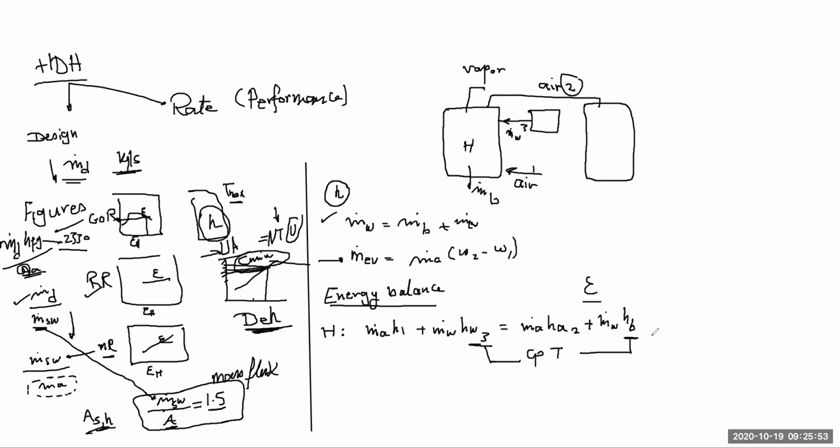So Cp times T can be acceptable then. This is the energy out and this is the energy in. So this is the energy balance for the humidifier.